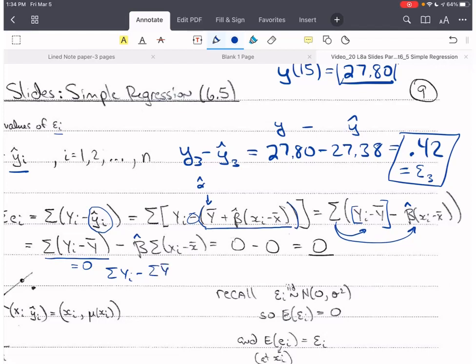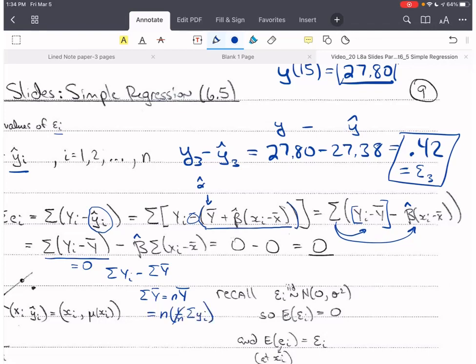And the sum of y bar is equal to n times y bar, which is equal to n times 1 over n, sum of yi.